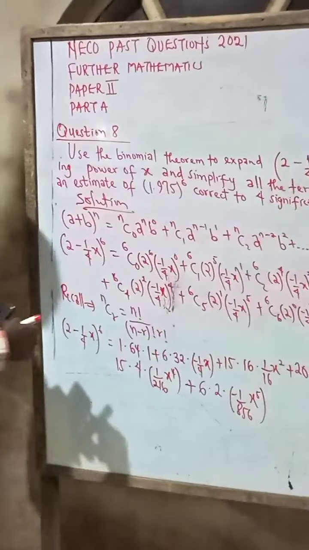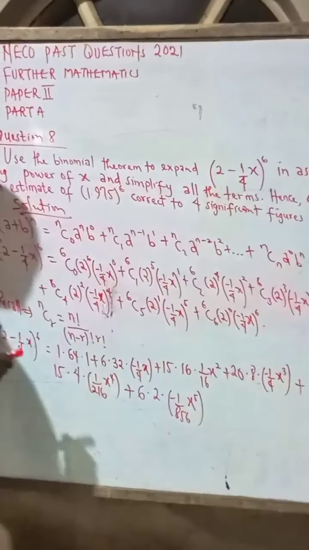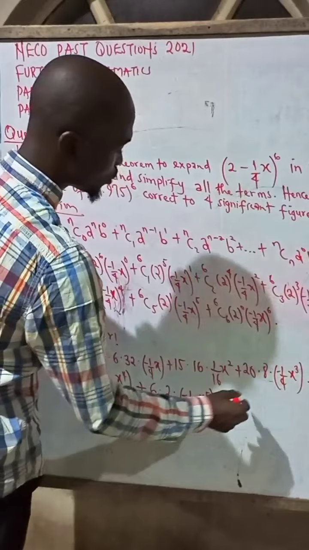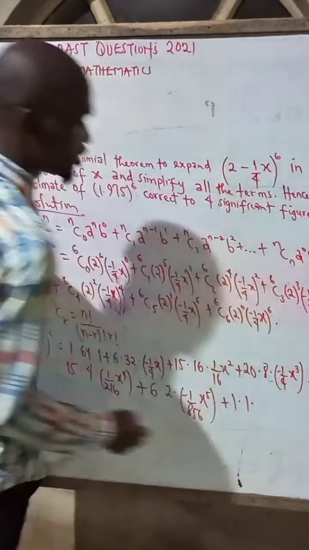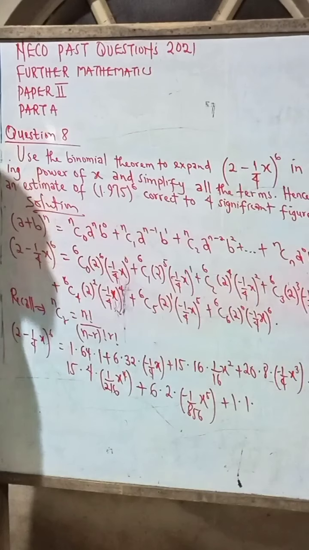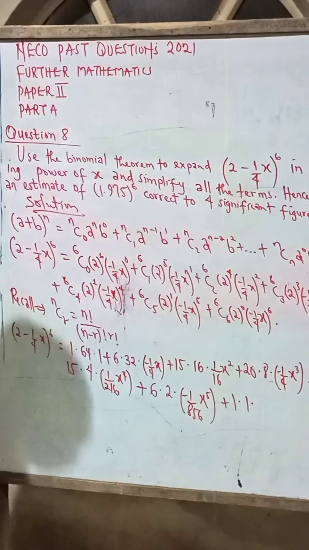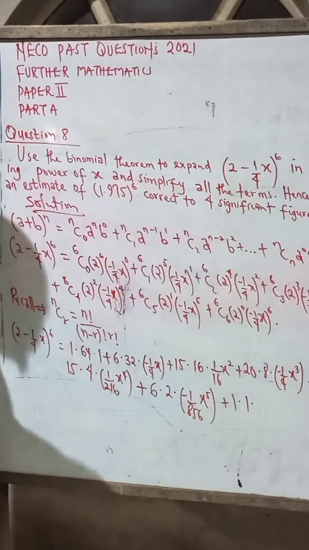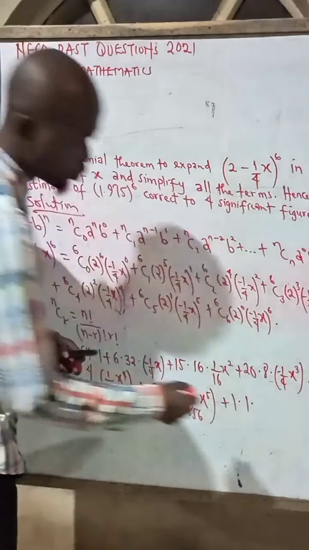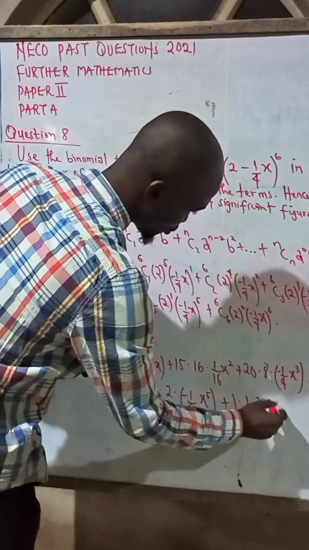Then the last part of the question, that's 6 combination 6. 6 combination 6 is going to give us 1. That's 1 times 2 raised to the power 0, which is 1, times minus 1 all over 4 raised to the power of 6. So the denominator 856 times 4 gives us 3424.